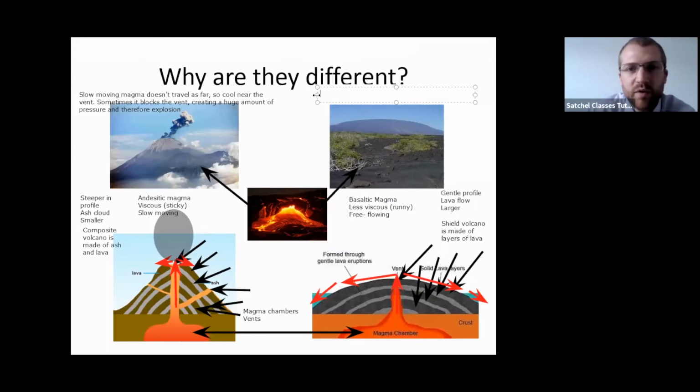So therefore, with our shield volcano, magma is free flowing. Actually, let's put down running. So it doesn't block the vent. So little pressure builds up.